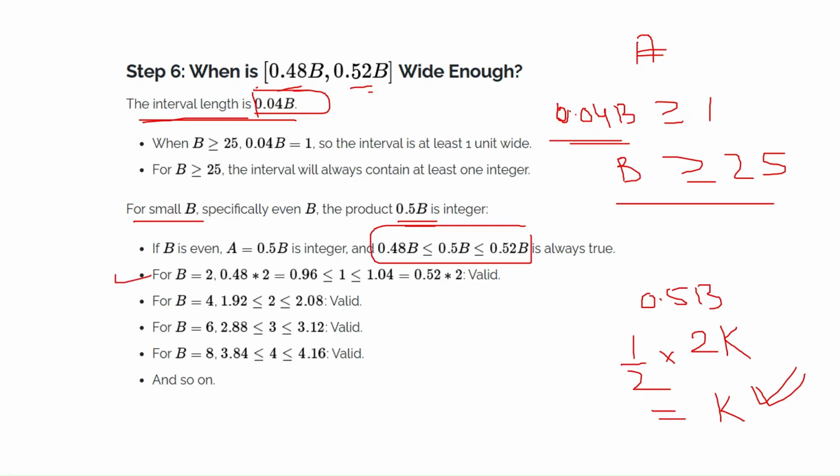So let's plug in some values. For b equal to 2, we get a valid integer value. For b equal to 4, we get a valid value, and so on, which means all even values of b would satisfy this condition as well, in addition to b being greater than or equal to 25.